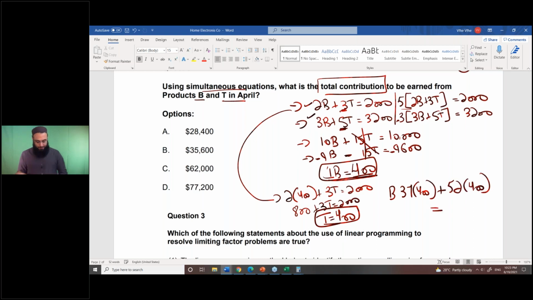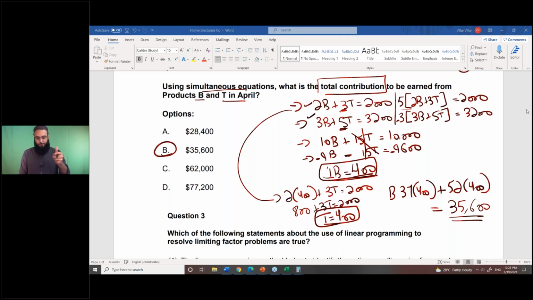And what is the answer? So let's work out the answer, guys. It's 35,600. Okay, 35,600. Getting the point? Any questions up till now?